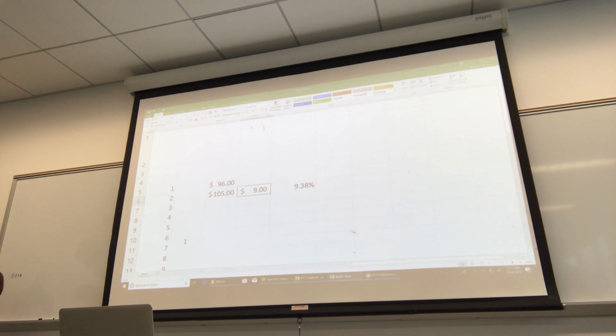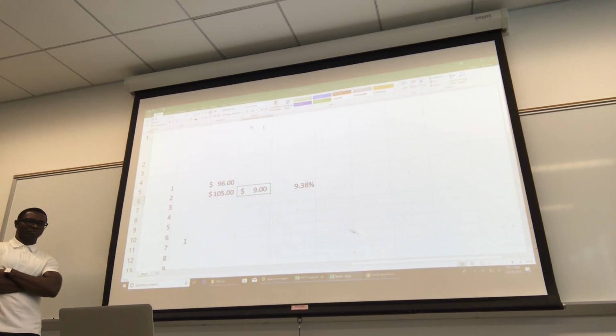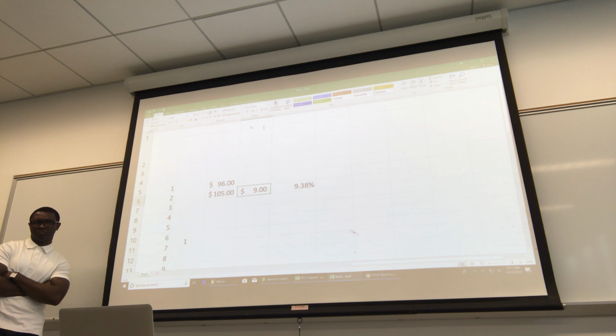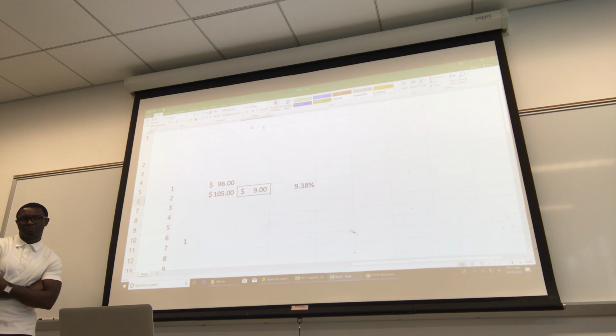From the base. The base is $96. What has happened? It went up in relative terms. Relative terms is 9.38 percent. All these are not only in our book, but in any of the books that I have seen, not all of that stuff.